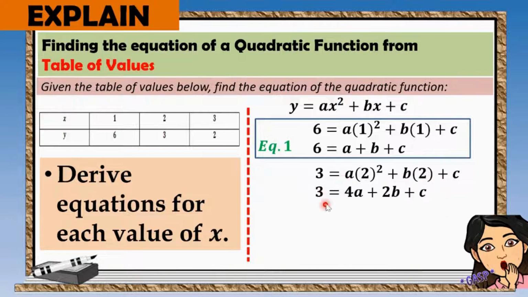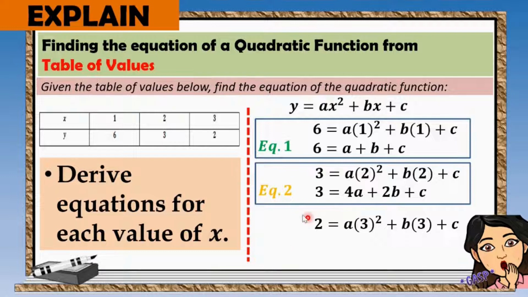Simplify: 3 equals 4a plus 2b plus c. Why did it become 4a? Because 2 is squared, so multiply 2 by itself and we have 4. Then just copy the variable a in this term. The same with the second term, b times 2, so we have 2b. So, this is already your equation 2.